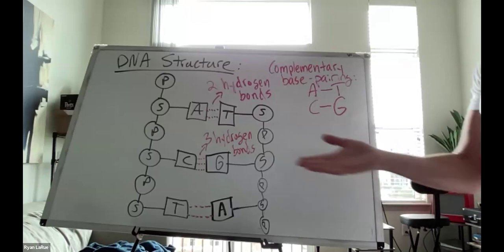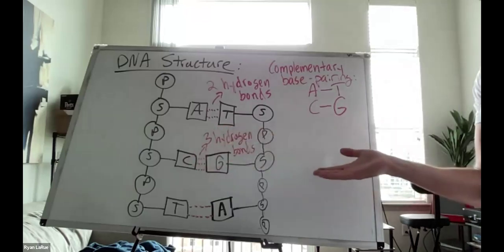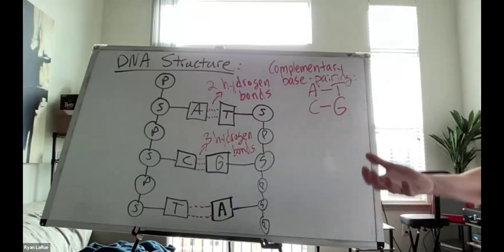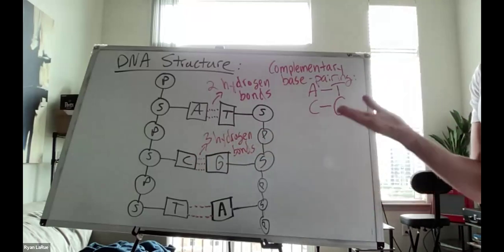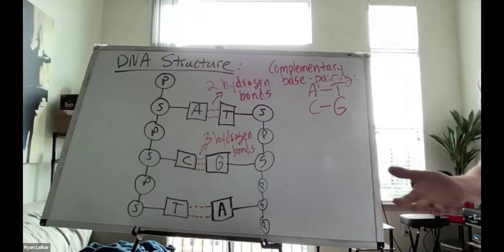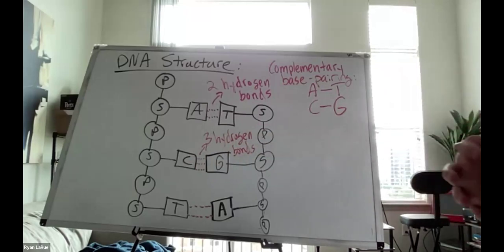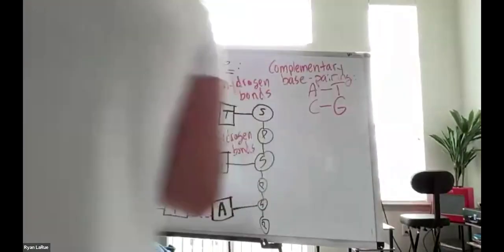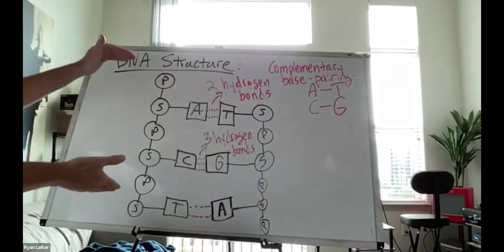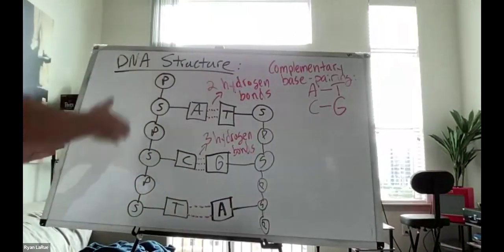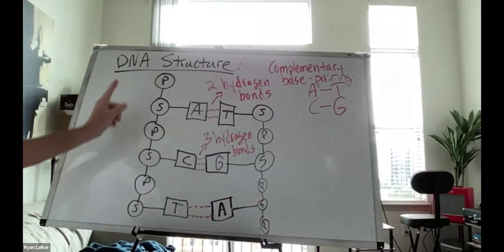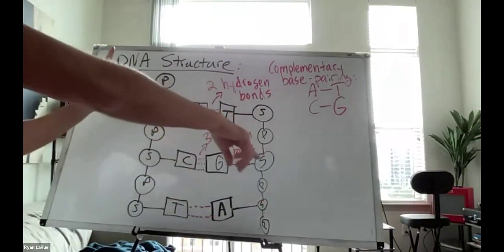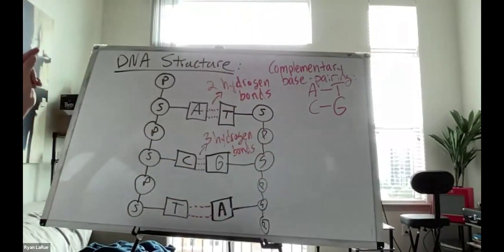Essentially, the two strands of a DNA molecule run in opposite directions. What do I mean by that? I mean that this strand here is going in a certain direction, let's say upward. Then this strand would be going down.